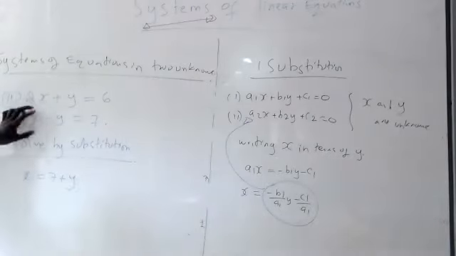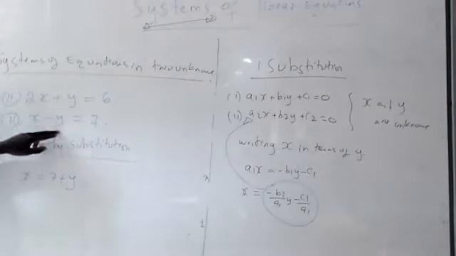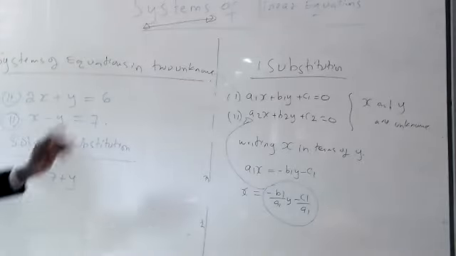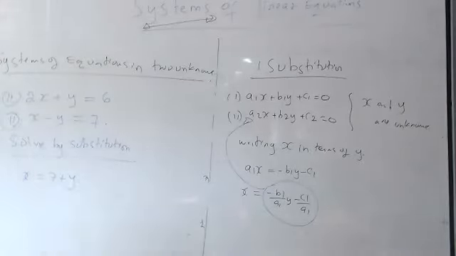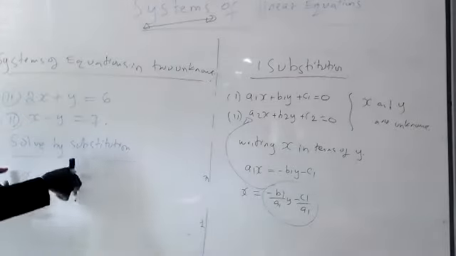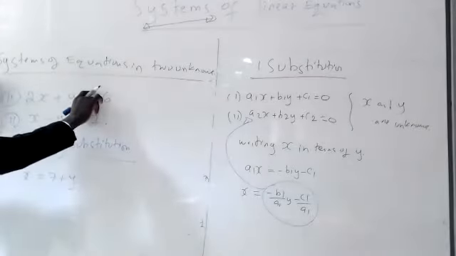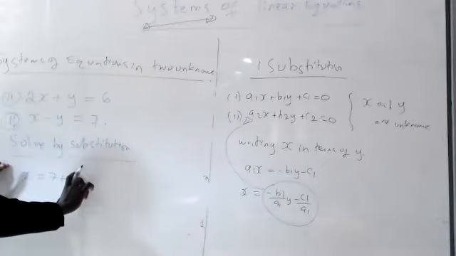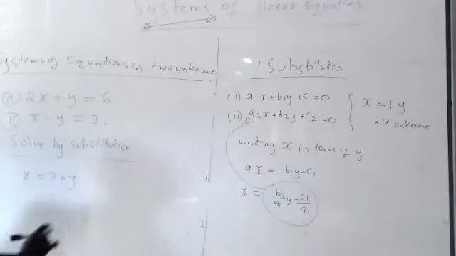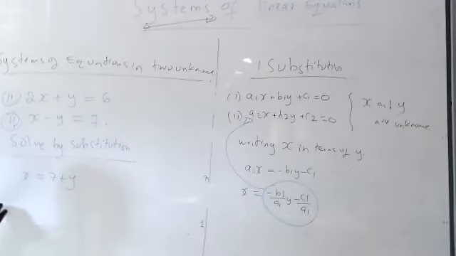That is from equation 2. I've added y on both sides. Or as most of you say, take minus y to the other side, sign becomes positive. Then substitute this in the first equation. So where there's x in the first equation, replace with 7 plus y. So from equation 1, we can form a third equation, 2 into x.